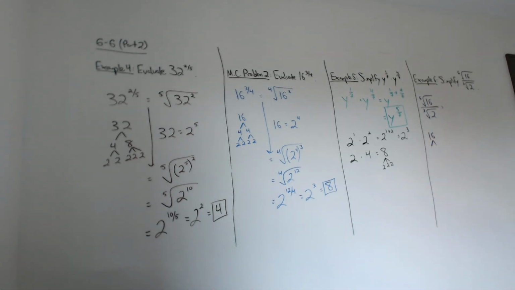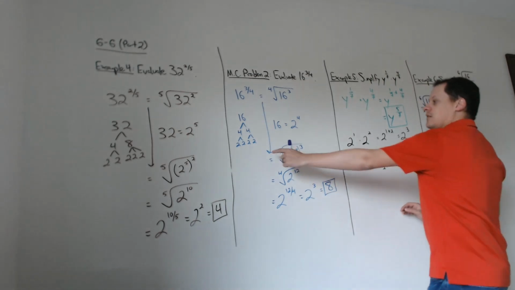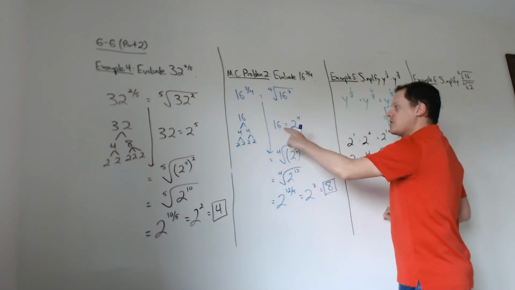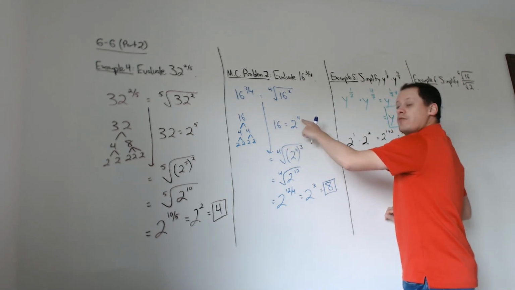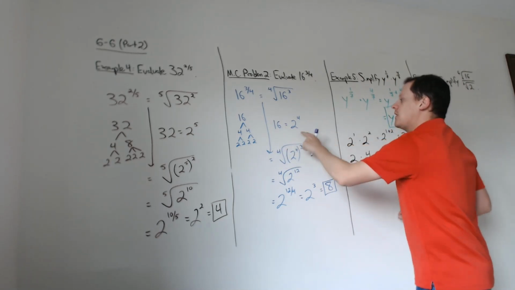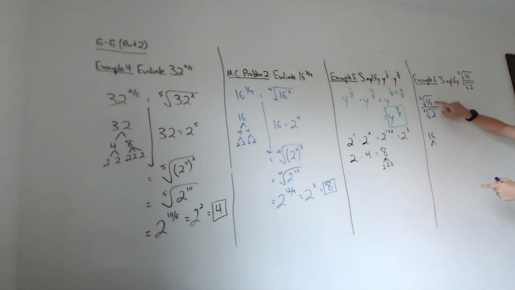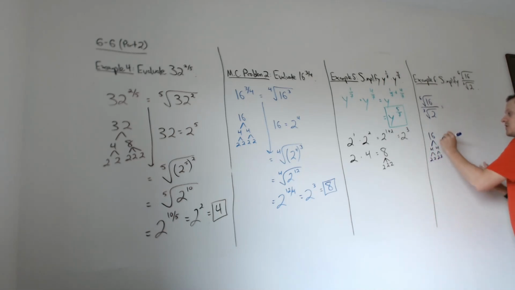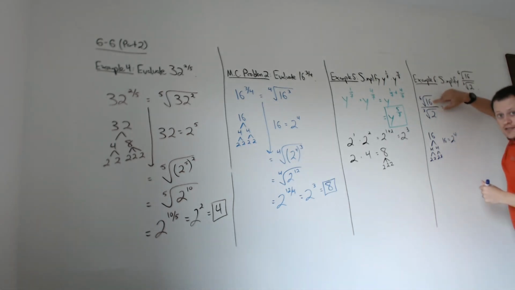Have we broken down 16 so far here? We did. Broke it down right here. 16 breaks into 4 2s, so we can write it as 2 to the 4th power. Okay, so I'm actually going to change this 16. This becomes 4 and 4, 2, 2, 2, 2. So 16 equals 2 to the 4th power. I'm just going to change the 16 in here to 2 to the 4th power.